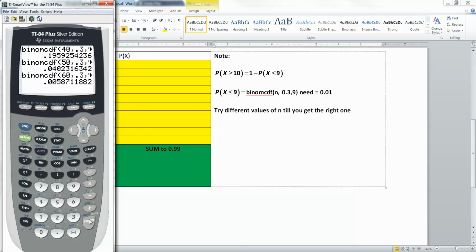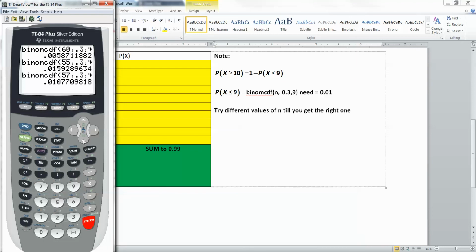So do it again, and you keep fiddling around in there until you find the one that's going to work, right? So you try 55. Getting there, getting close. That's 0.015. Okay, so let's do 57. There you go, 0.010.